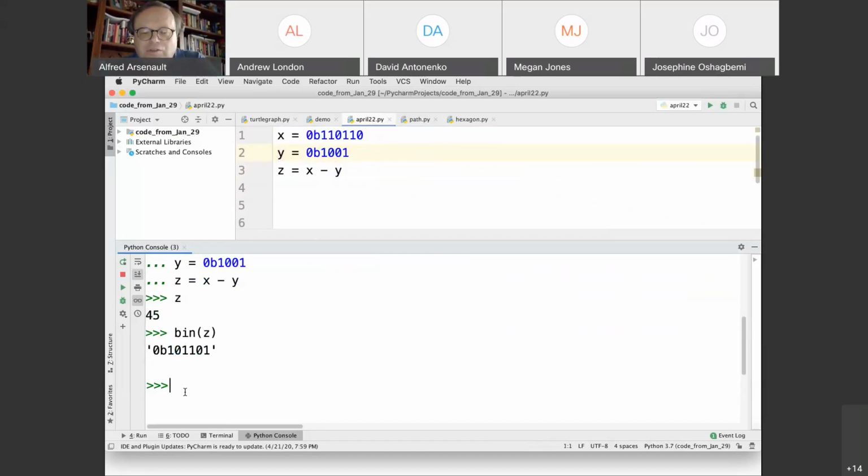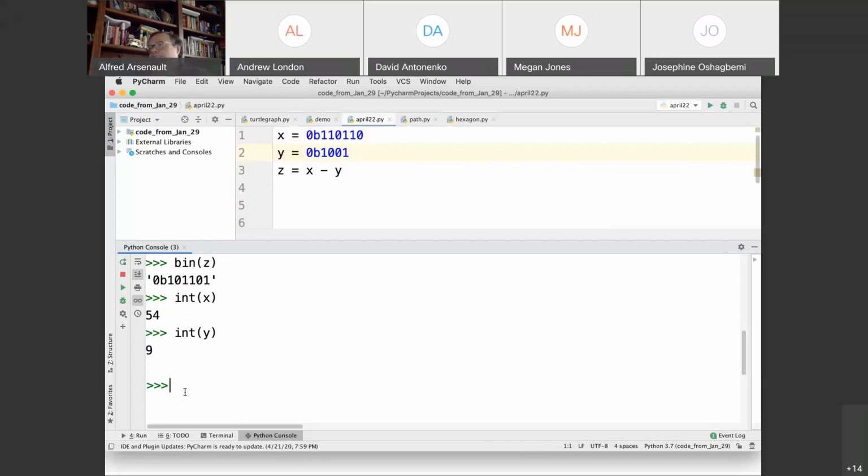Well, let's see whether that's really correct. What was x in integer form? X was 54. What was y in integer form? Well, I can tell you right now that y was 9. And yes, 54 minus 9 really does equal 45. So this is binary math.